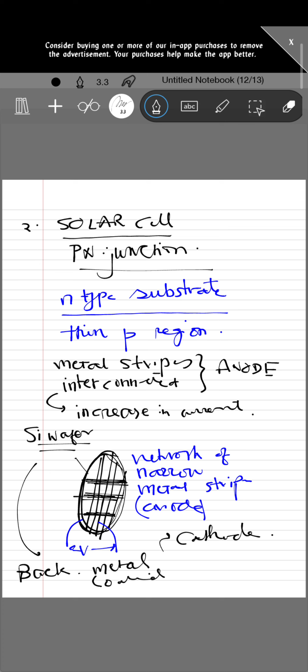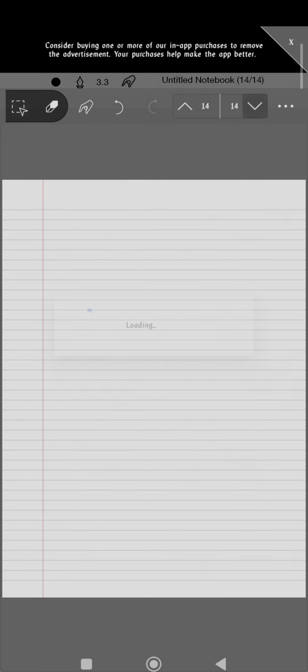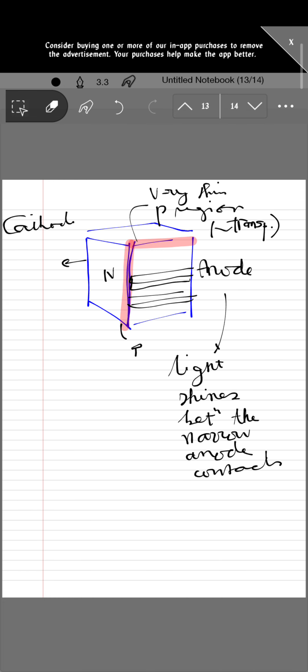So let's look at the current voltage characteristics.